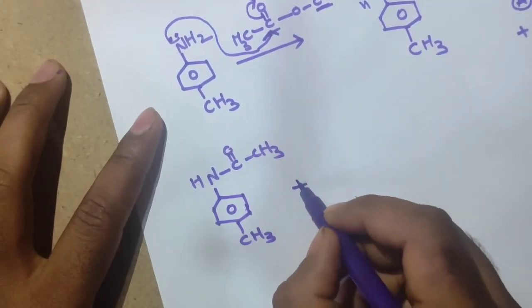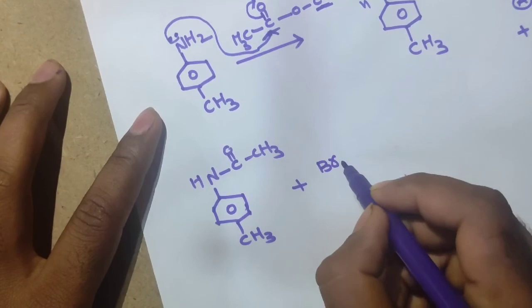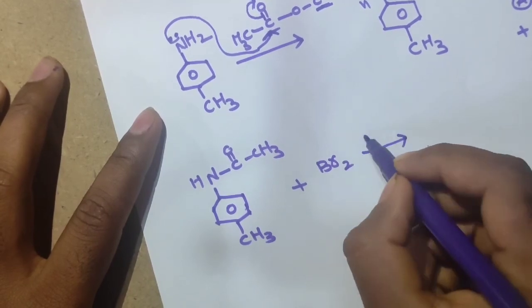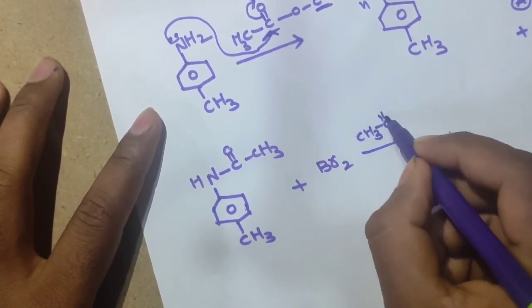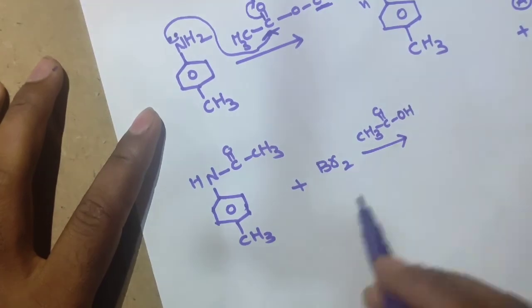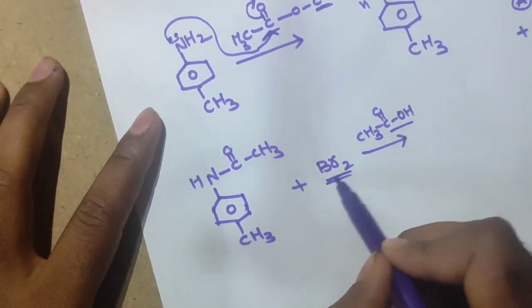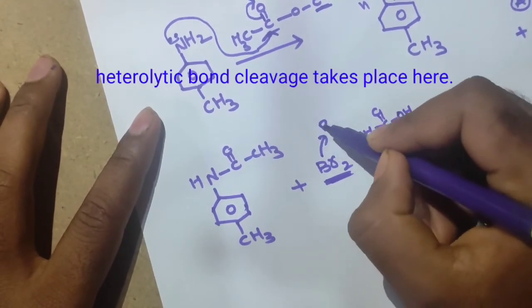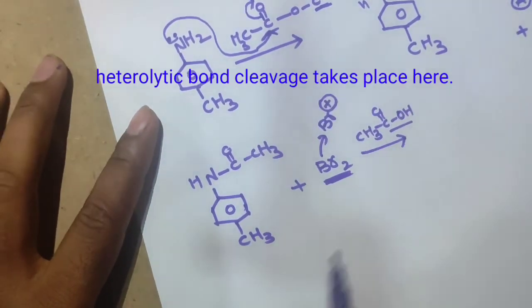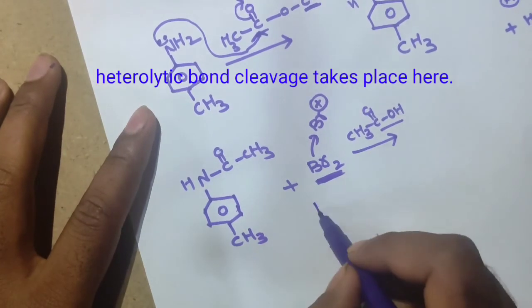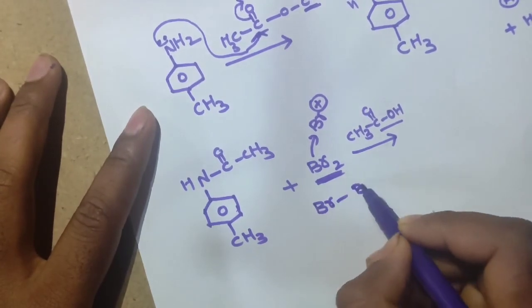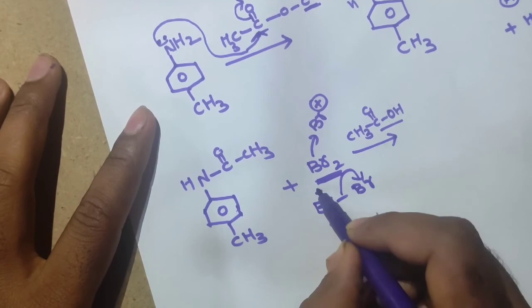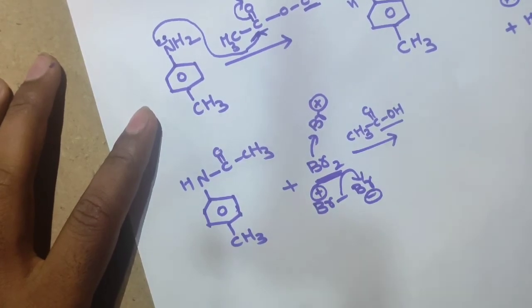Now just treat it with bromine in the presence of acetic acid. This bromine will give an electrophile, that is Br plus, because it will cleave like this, and like this.